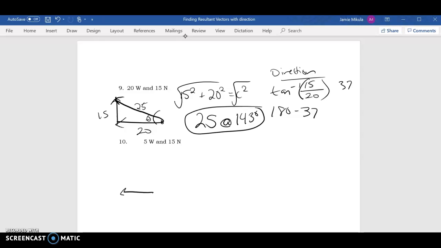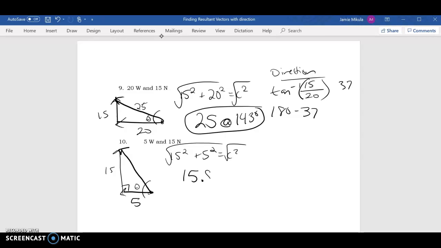Last one, 5 west and 15 north. Here's where you started, here's where you ended. So my resultant will be that line right there. This is the angle you want, and that's your right angle. So 15 squared plus 5 squared equals c squared. Take the square root of both sides to get 15.8 is the magnitude of the line.